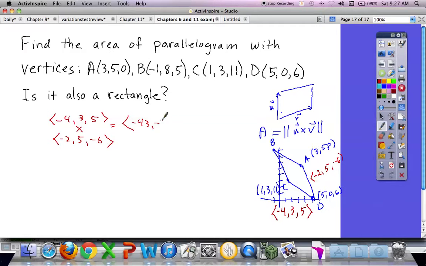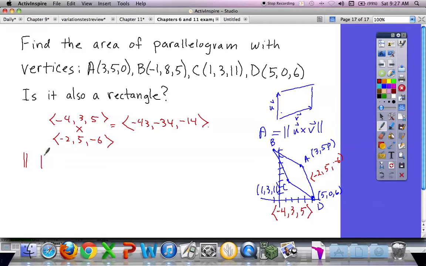So that would be -34. And the last component, cover these up, -4 times 5 minus 3 times -2. That's -20 minus -6, which is -14. Okay, the area of the parallelogram will be the magnitude of that.